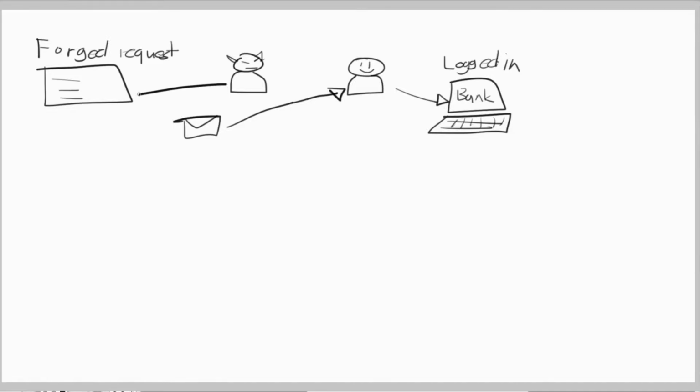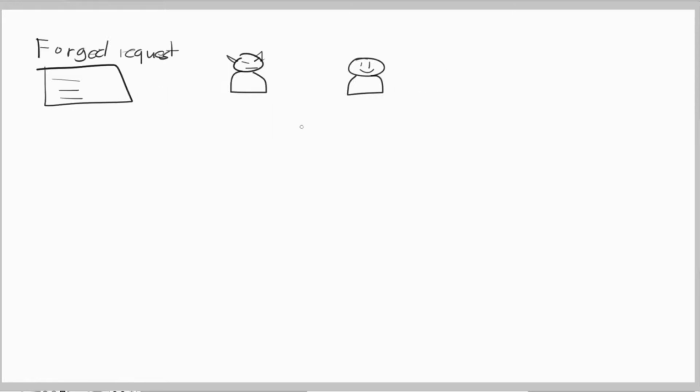A forged request is created by the hacker and sent as a spam email to the user. And the user is currently logged in, right? Anyway, the hacker would create a forged HTTP request.